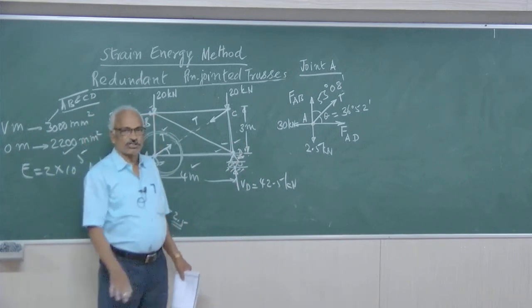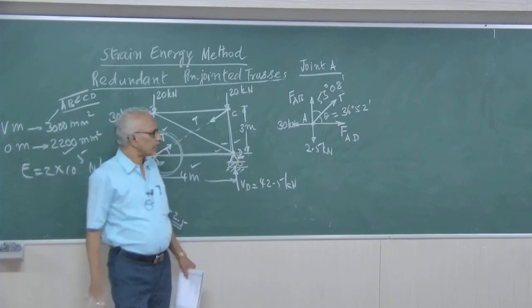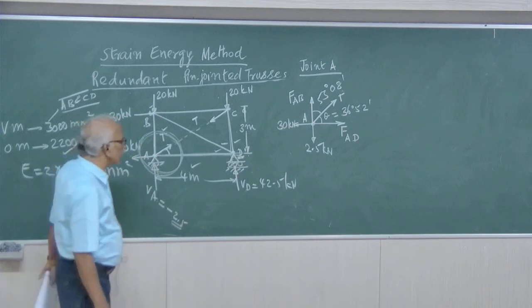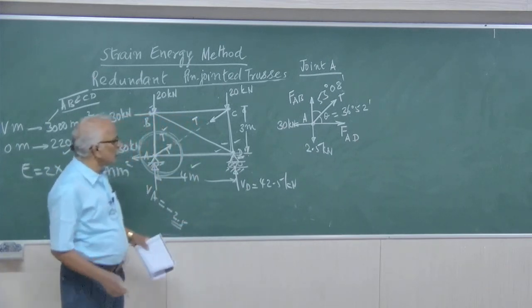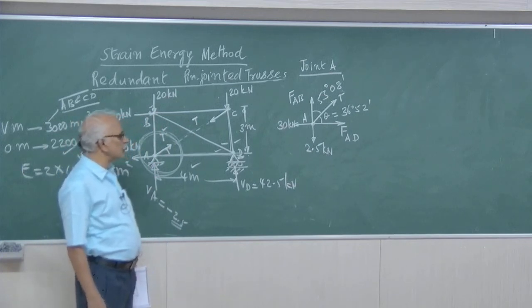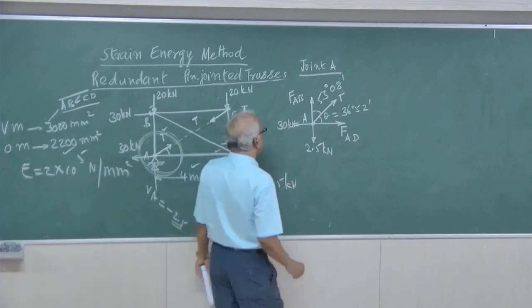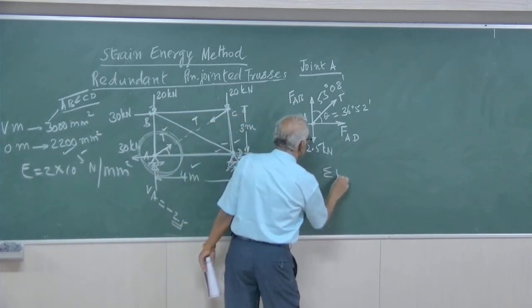There are 4 joints, so analysis of 3 joints will solve your problem. So you just mark the angle with the vertical and the horizontal. Now coming to the method of joints, as I told you, it is sigma V equals 0 and sigma H equals 0. First, let us say sigma V equal to 0.